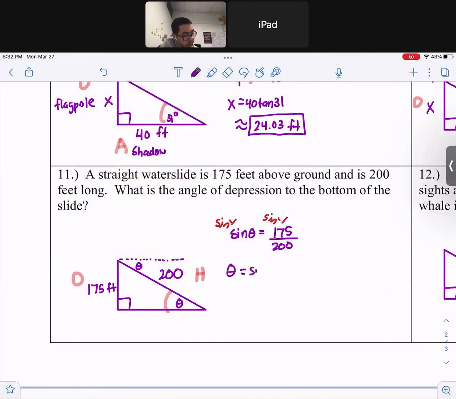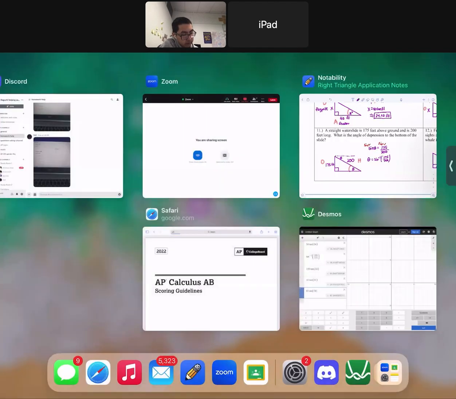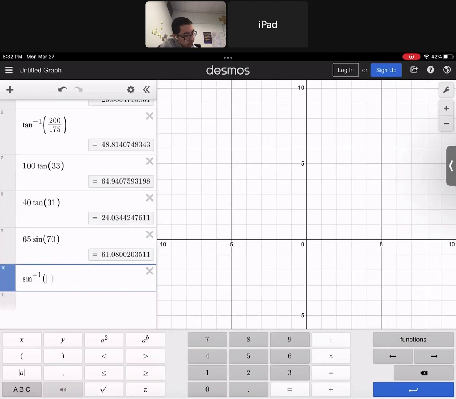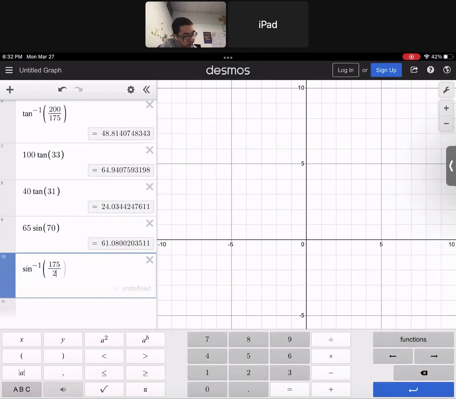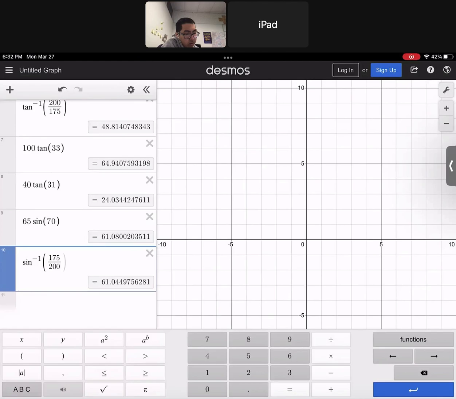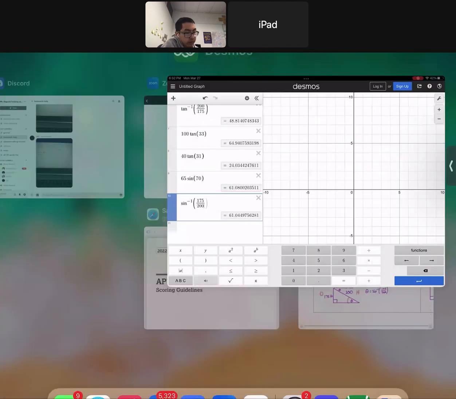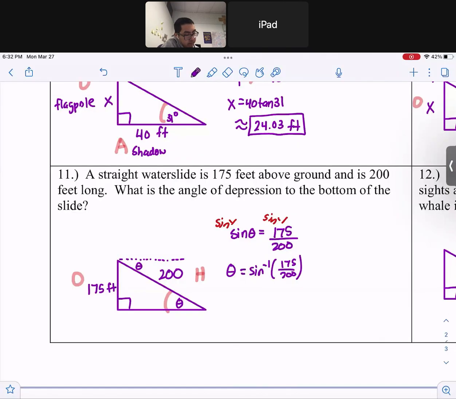Theta equals sine inverse of 175 over 200. So sine inverse of 175 divided by 200 is 61.04 degrees. 61.04 degrees is the angle that is formed with that water slide.